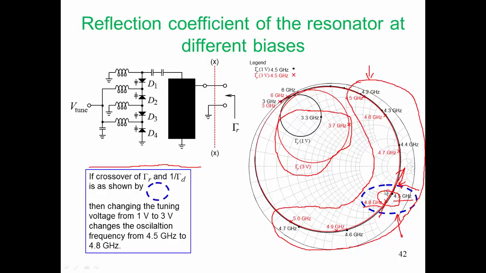And our active network we'll talk a lot about later on, but the small signal 1 over gamma D curve is out here, and it moves in that direction until we have a simultaneous intersection at the same frequency and the same amplitude. So the amplitude will be established when the negative conductance of the active device is equal to the conductance of the resonator network.